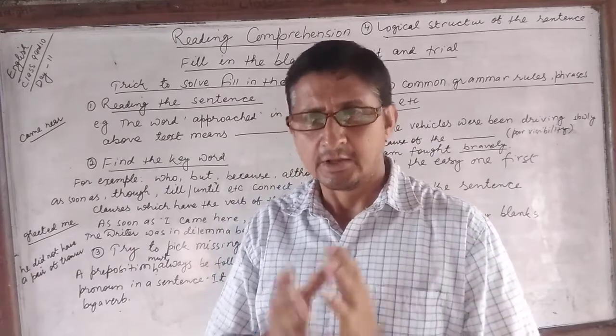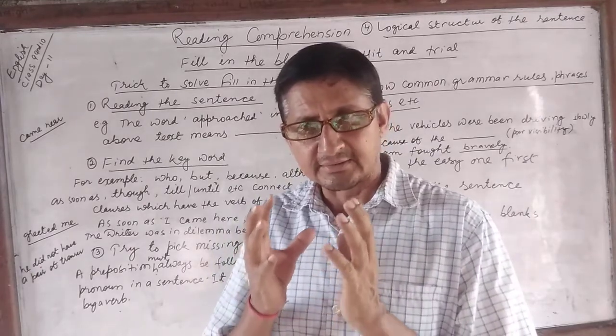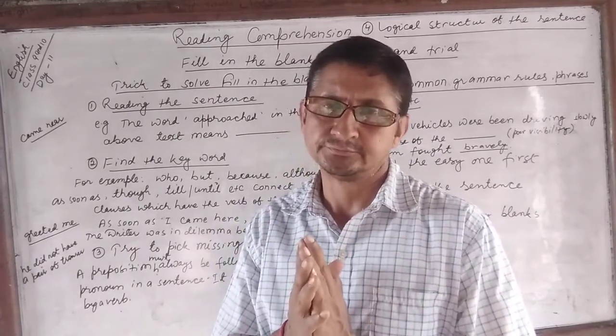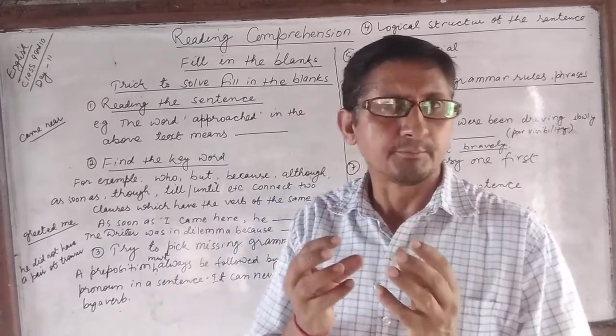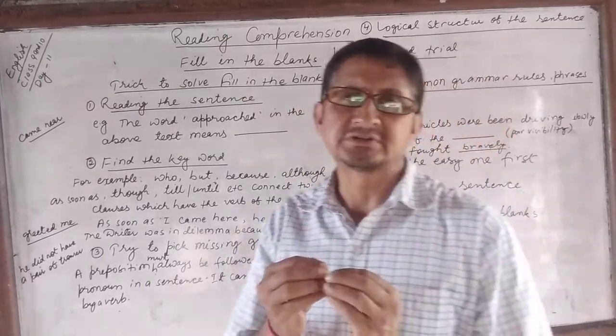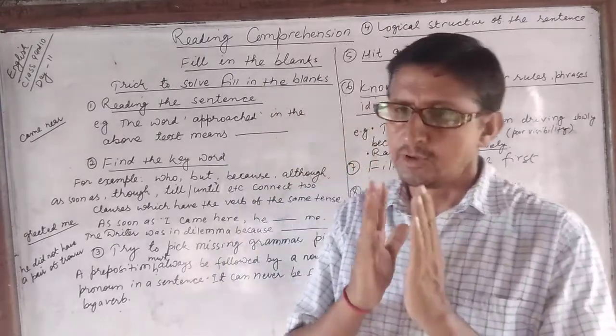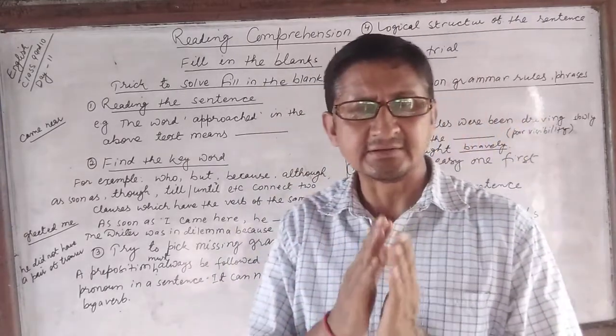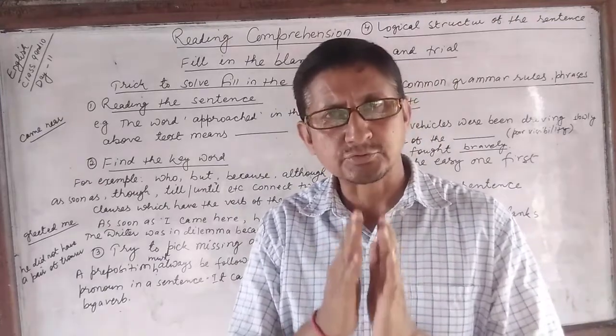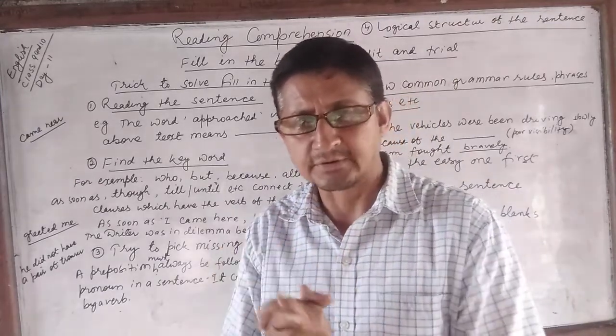Hit and trial. Sometimes there is a chance of you getting confused between the two words of your choice. In such cases, you can use the hit and trial method of choosing the right option.